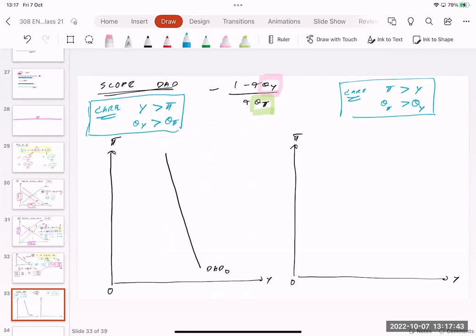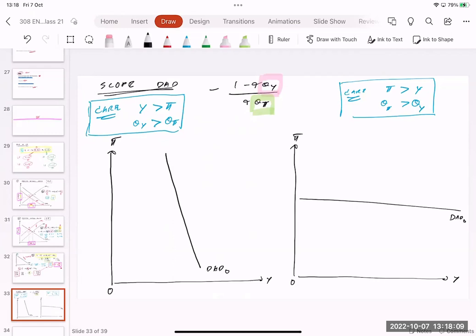The lower part is greater than the upper part, which makes the slope less negative. Less negative means the slope of the DAD curve is flat. So it's going to look like this. This is the DAD at time 0. So the way the central bank cares about one problem more than the other is reflected in the slope of the DAD curve.